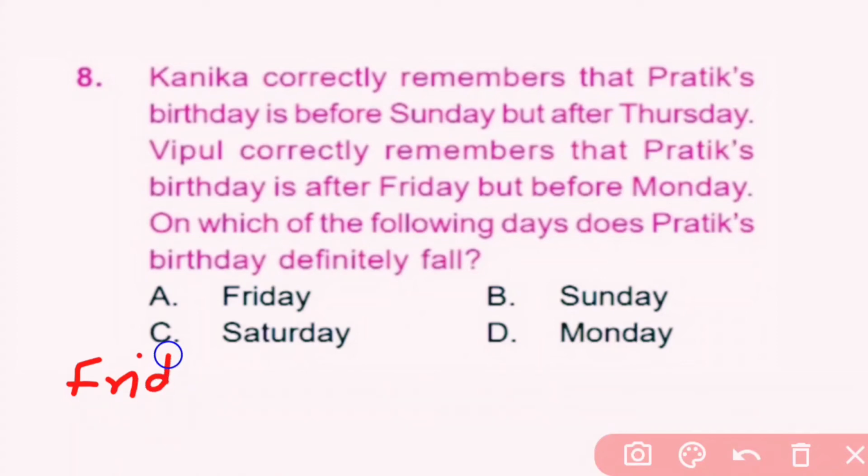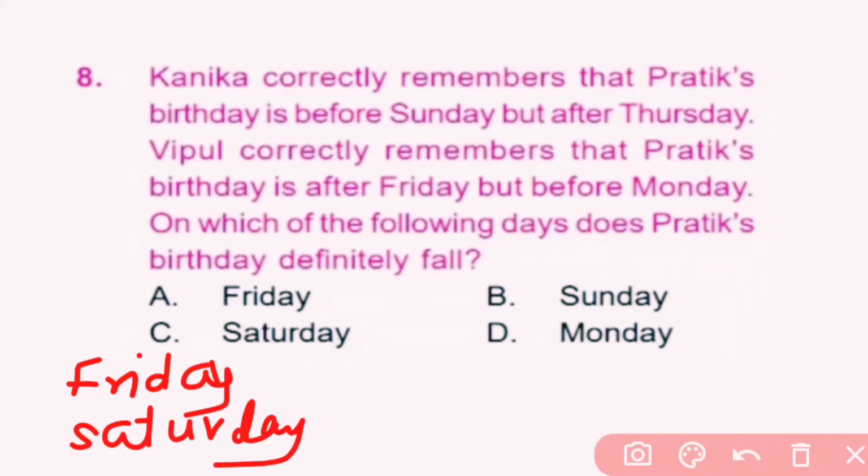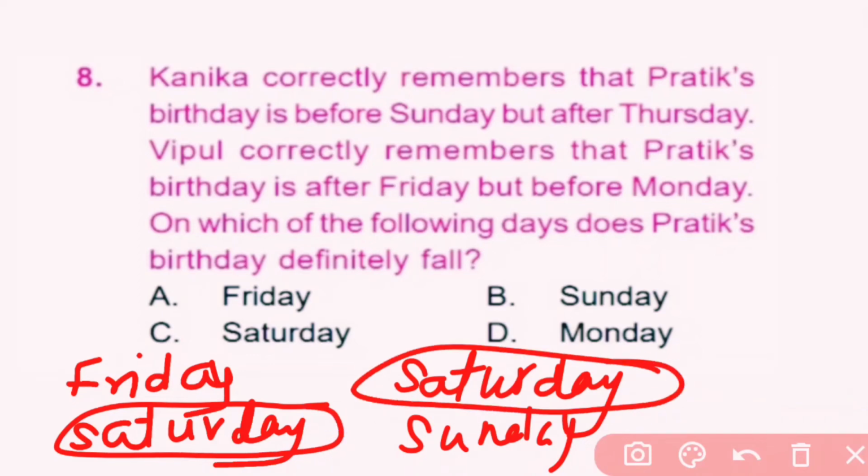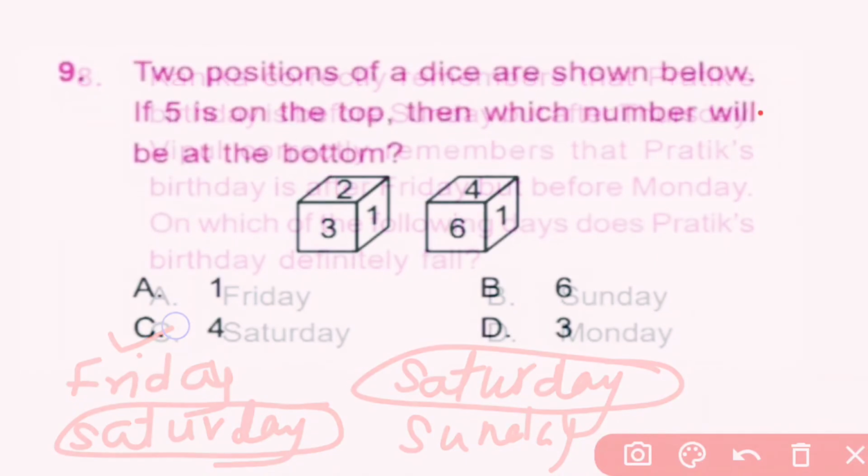Means his birthday will be on Friday or Saturday. And according to Vipul, Pratik's birthday is after Friday but before Monday. After Friday means on Saturday and before Monday means Sunday. Saturday is common in both. His birthday is definitely fall on Saturday. C is correct answer.